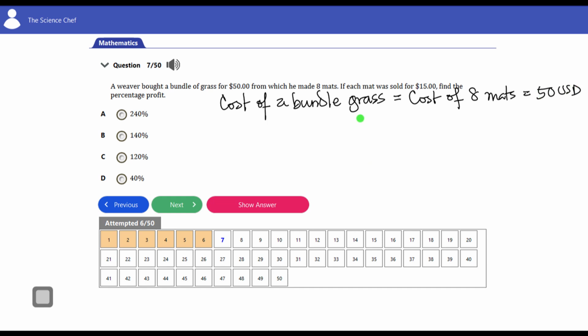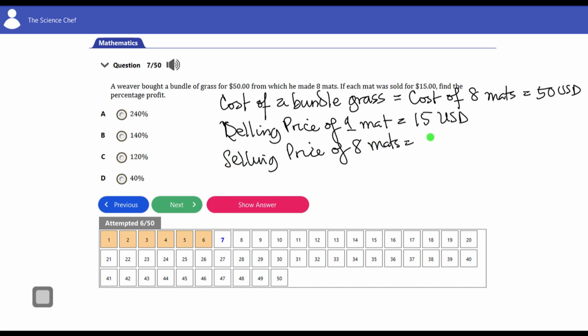Great. Now, if the selling price of one mat is 15 USD, what will be the selling price of 8 mats? 15 USD times 8. And what would that give you? That should give you about 120 USD, right?